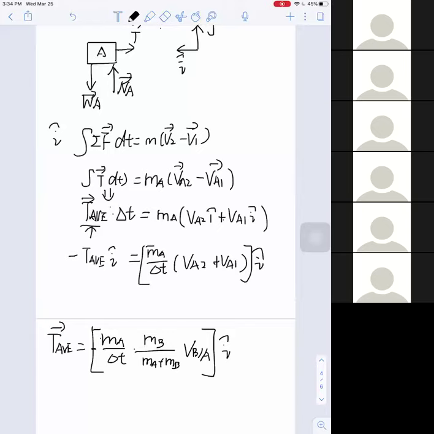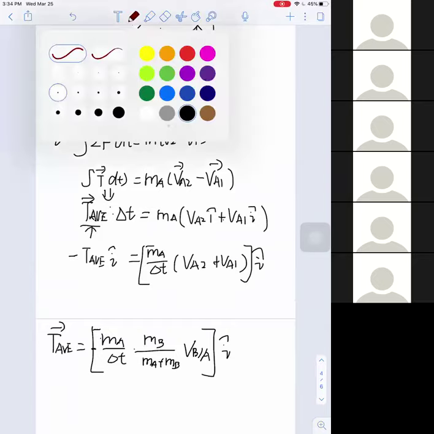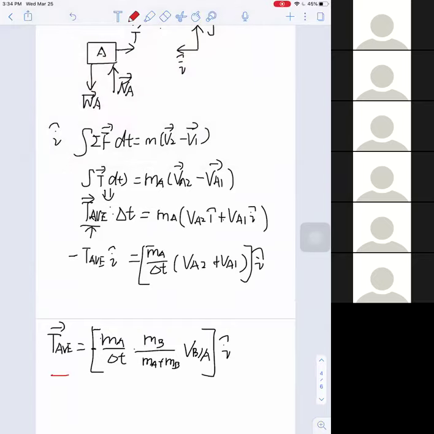There you go. That's how we find the average tension in the cable by using the linear impulse momentum equation. Just be careful when you write the result. Make sure you have vectors on both sides of the equation.